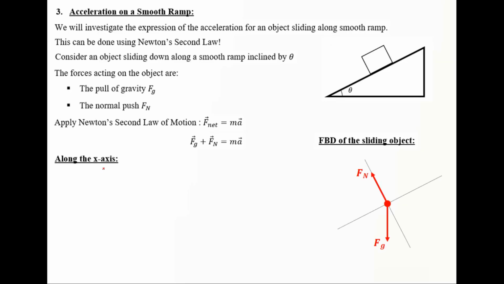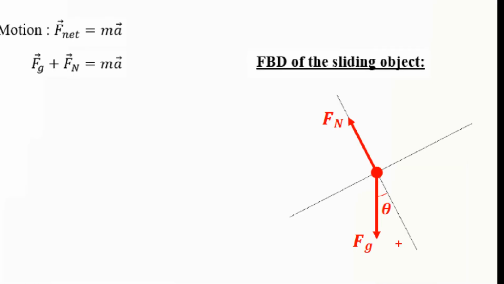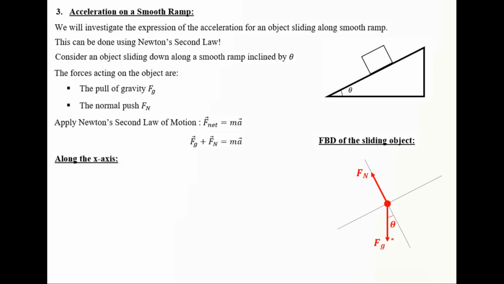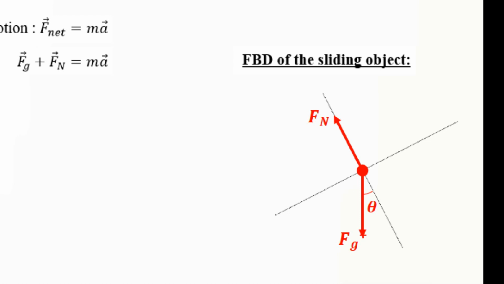So we need to specify the angle that the pull of gravity makes with either the x or the y. So we know that at this stage theta would be the angle between the pull of gravity and the y-axis, and this can be decomposed into two components. Since theta is the angle with the y-axis, that would be Fg cosine theta, and that would be Fg sine theta.